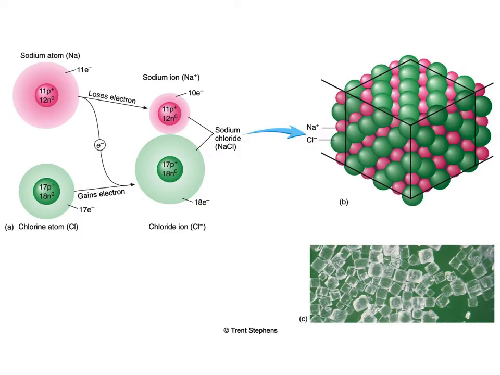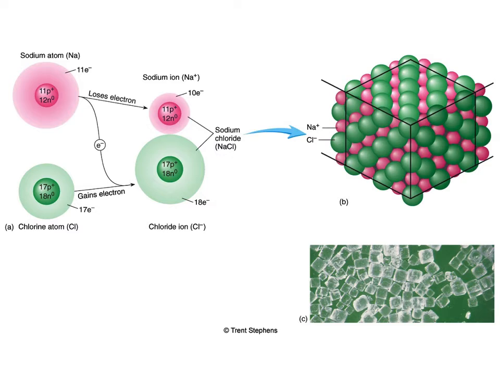Okay, and so here a sodium atom has one electron in its outer valence shell, which is very unstable, so it gives that electron up and becomes a sodium ion. And so it has a positive charge. It has more protons than electrons.